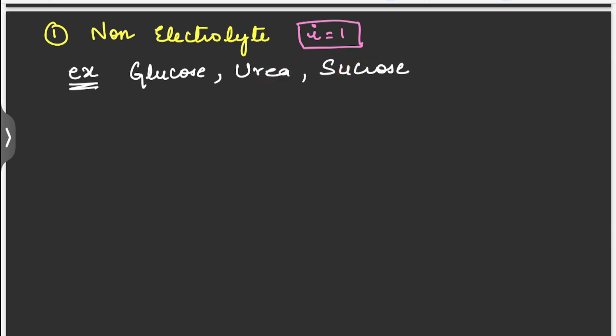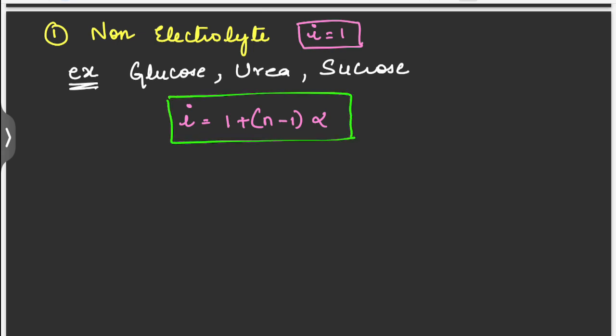Since they do not dissociate in water, here we are going to use a formula: i is equal to 1 plus (n minus 1) into alpha. This is the formula we use to find the value of i.